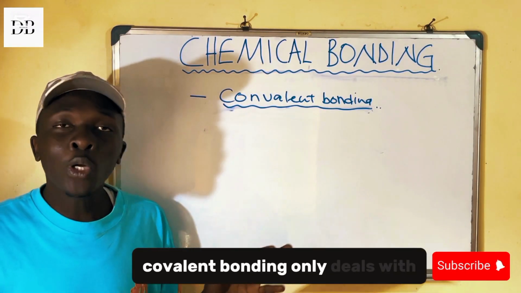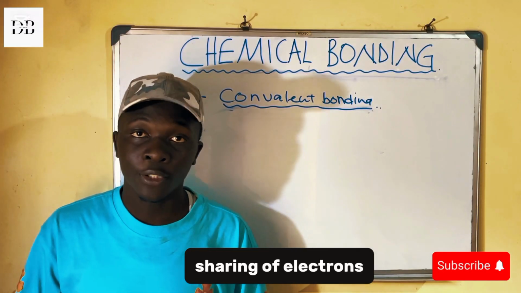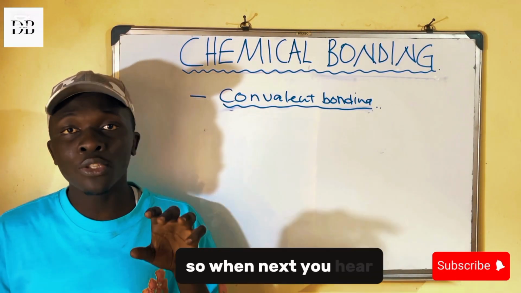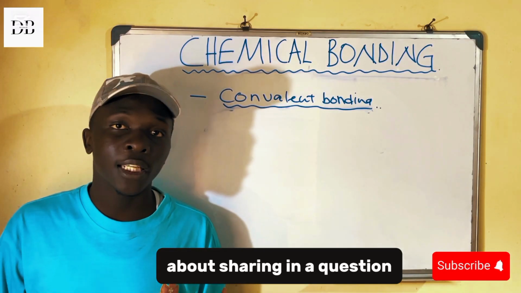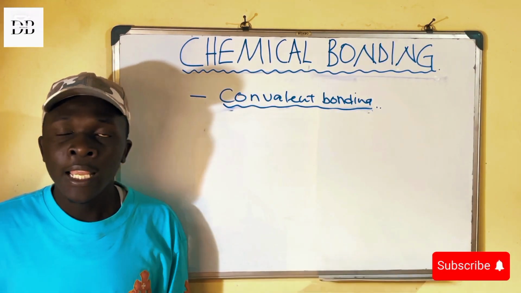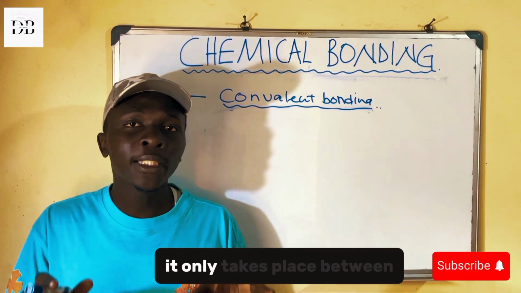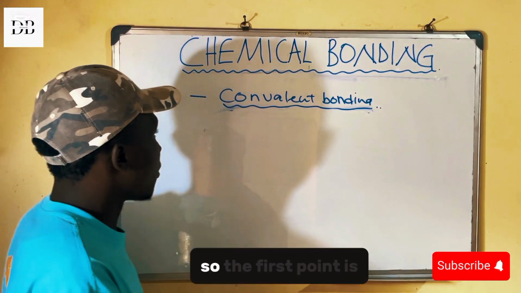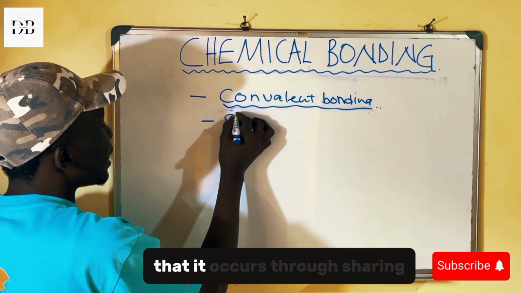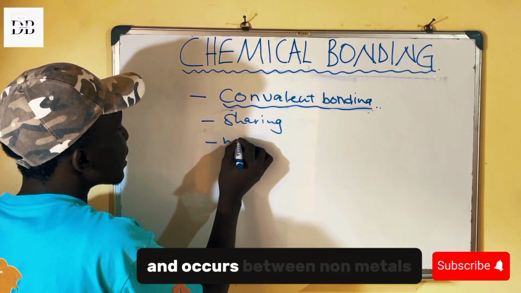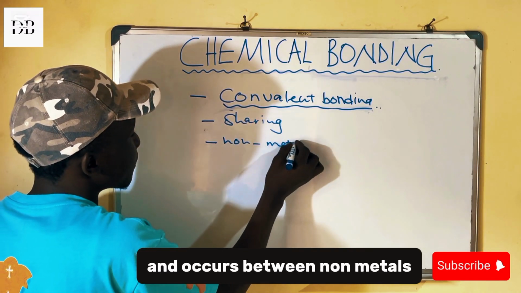Covalent bonding only deals with sharing of electrons. Only sharing of electrons. So when next you hear about sharing in a question, just know that you are looking at covalent bonding. The second point is that it only takes place between nonmetals. So the first point is that it occurs through sharing of electrons and occurs between nonmetals.